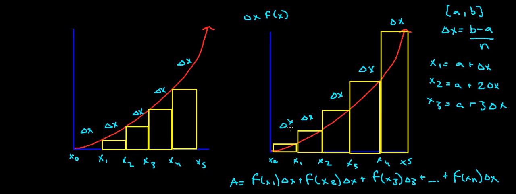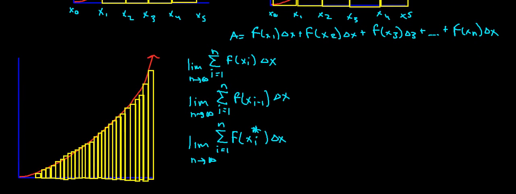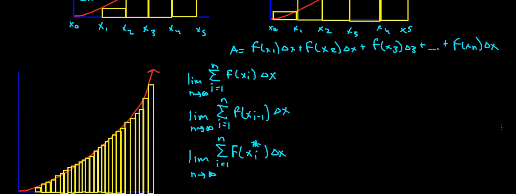But what can happen is I can get these rectangles smaller and smaller, like so, and it becomes a more and more accurate picture, the more and more rectangles that are made. And when these rectangles here, there are not even 100 of them, probably only about 20 or 30 of them. And it's already a much more accurate picture.